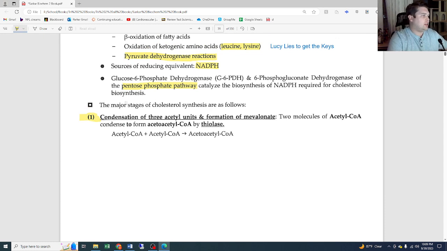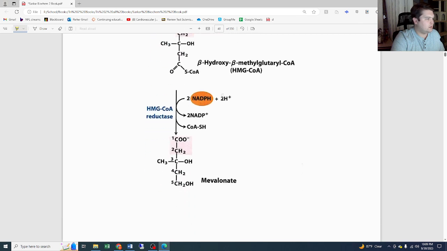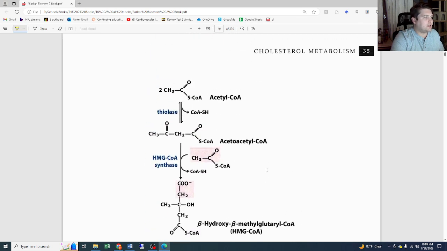First off, we have the condensation of 3 acetyl units and formation of mevalonate. Two molecules of acetyl-CoA condense to form acetoacetyl-CoA by thiolase. So our goal is to get to mevalonate.